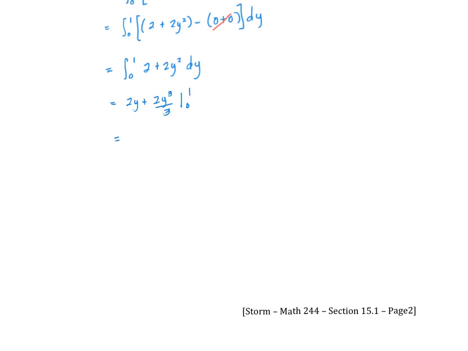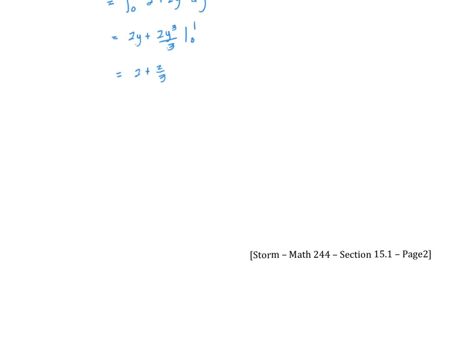So putting in 1, I have 2 plus 2/3. And then the 0 would just be minus 0. So putting that together, what do we get? 8/3? And that's how you compute your double or iterated integrals.